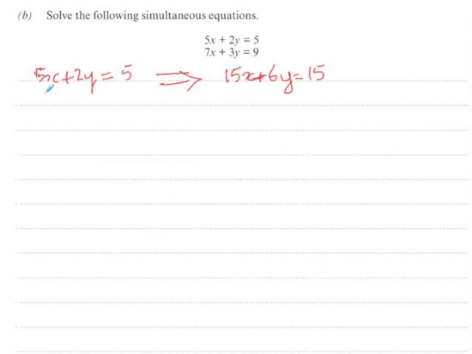And for this second one, 7x plus 3y equals 9 is equivalent of, and I'm going to write this underneath this one, so what I'm doing is multiplying by 2, so that's 14x plus 6y equals 18.